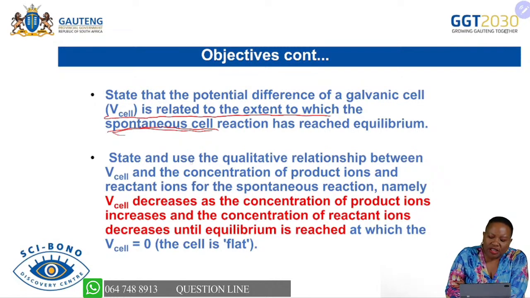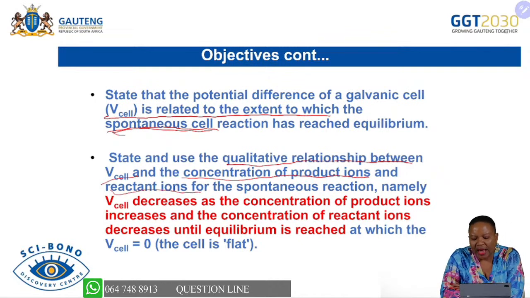We also need to state the qualitative relationship between the V cell and the concentration of product ions and the reactant ions. I think this one is very important because we will understand why the cell potential decreases immediately when the cell is in operation.